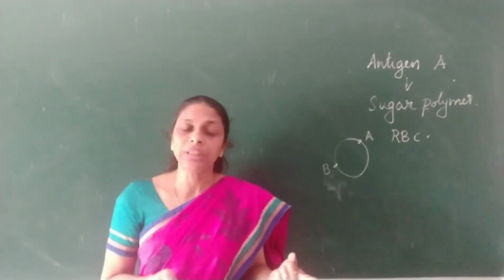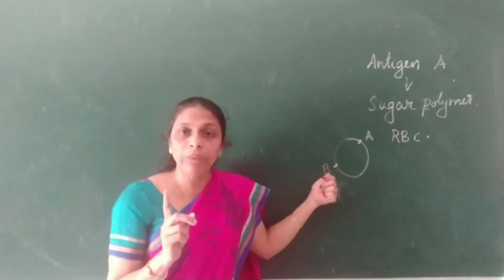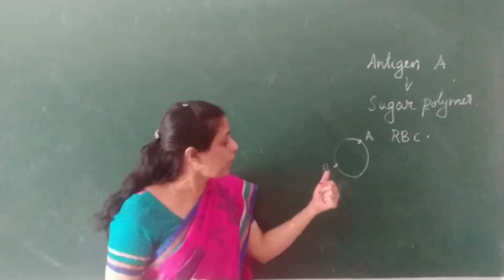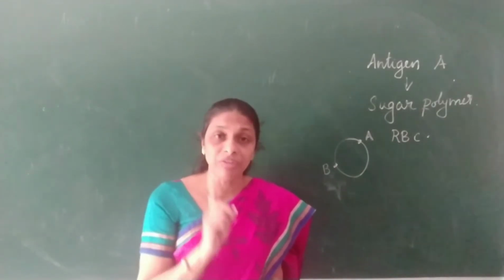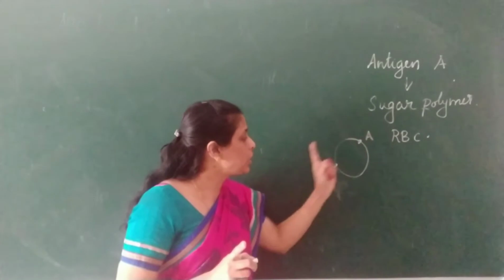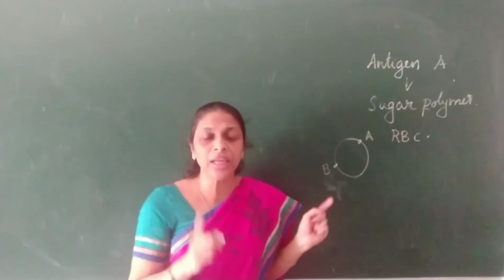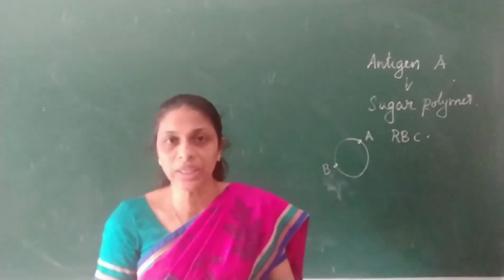An individual with B blood group has only B antigen on the RBC, and an individual with AB blood group has both antigen A and antigen B on the RBC membrane. That means they produce both the sugars.